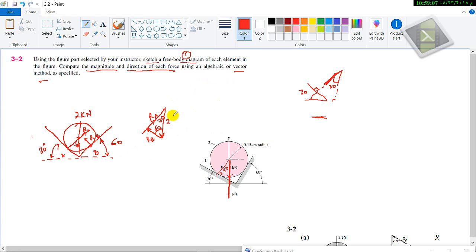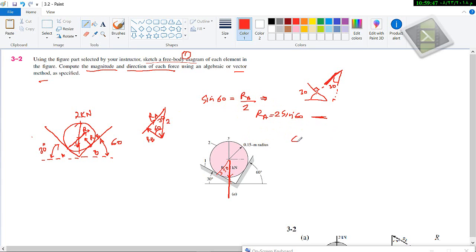Now it is very simple, by using trigonometry with the right triangle. Sine 60 is equal to the opposite, RA, over the hypotenuse, which is 2. In this case, RA is equal to 2 times sine 60.